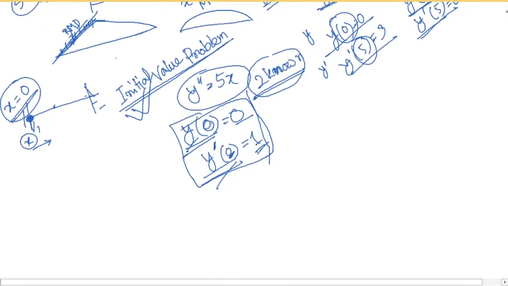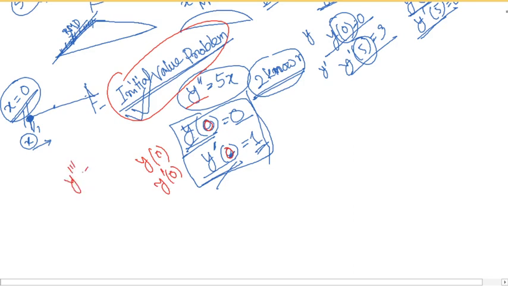So I will stick to only these initial value problems in our course, where the values will be given at one particular point. If it is a double derivative, we'll be giving y(0) and y prime(0), and if it is y triple prime equals a function or a combination of y double prime, y prime, say 5y prime, 2y double prime, something, then we'll need three known values in an initial value problem.